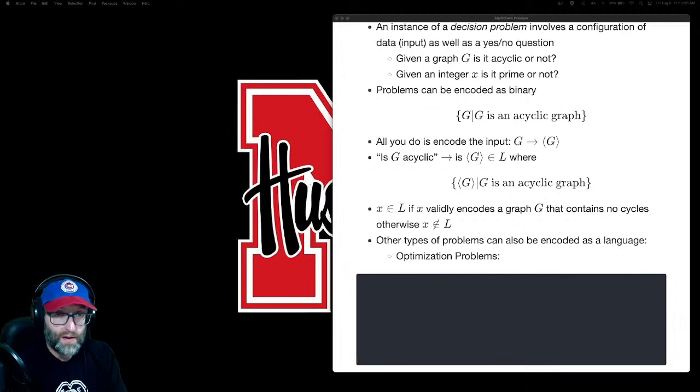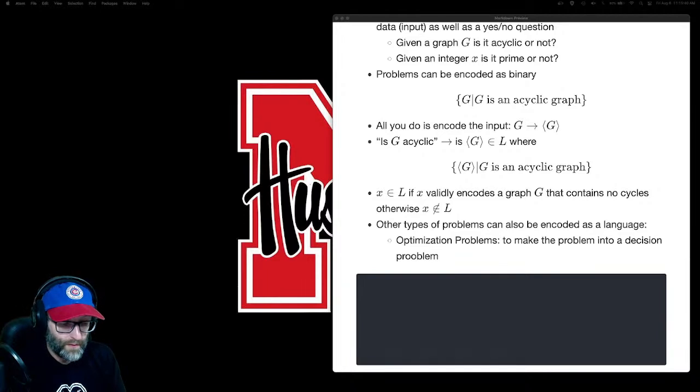And instead of outputting yes or no, you can encode additional information to make the problem into a decision problem, that is, a yes/no problem.